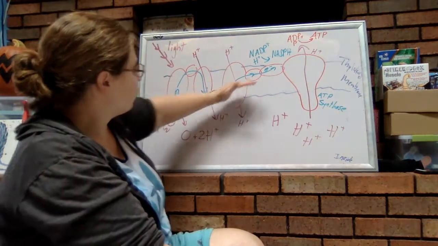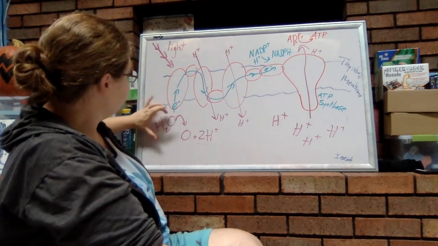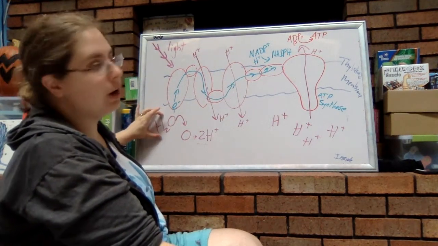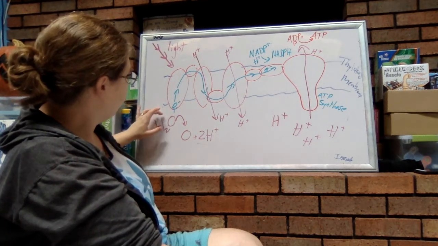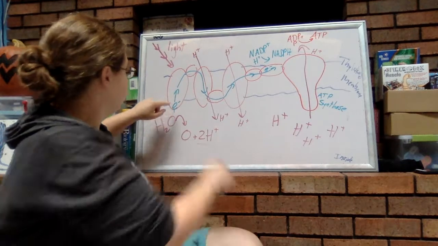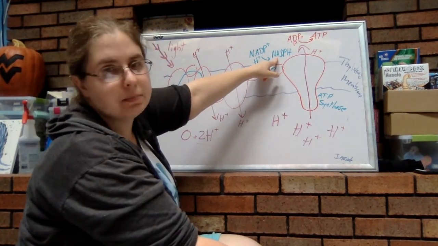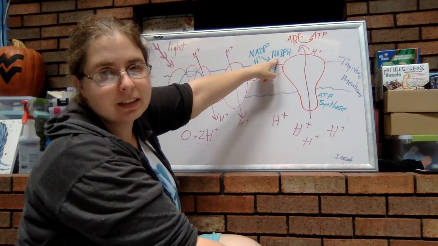So this electron transport chain is a way for us to break apart the water in order to get the hydrogen, as well as release electrons from it. The electrons get picked up by NADP+, forming NADPH.